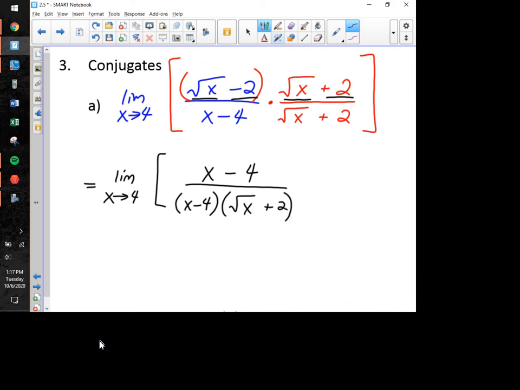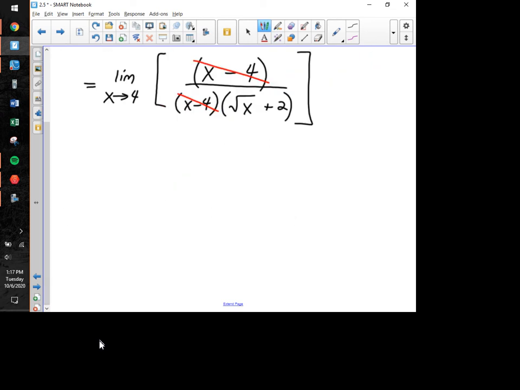And now what I'm hoping you guys recognize is that we have an identical binomial factor of x minus 4 on both the top and the bottom. And that factor, you guys, which was right here, that's the one that would have been the problem if we tried direct substitution. So now that the problematic factor has been eliminated, now we can go ahead and let x actually become 4.